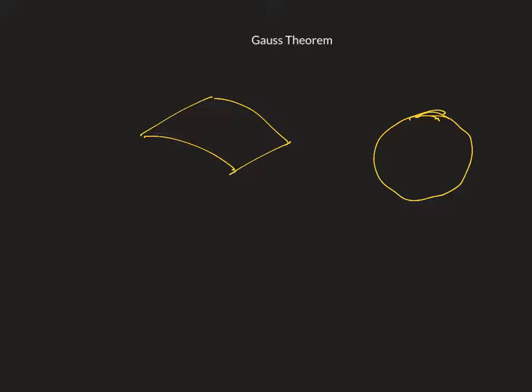In an open surface, you could take the area vector perpendicular, and that perpendicular could be anything: perpendicular up, perpendicular down, perpendicular forwards, or perpendicular backwards. The only condition is that it should be making an angle of 90 degrees with the surface. That is the entire condition there.